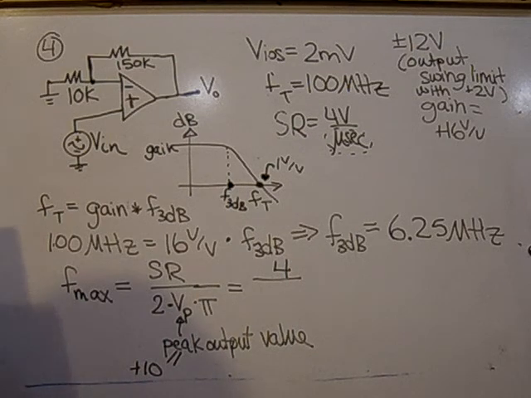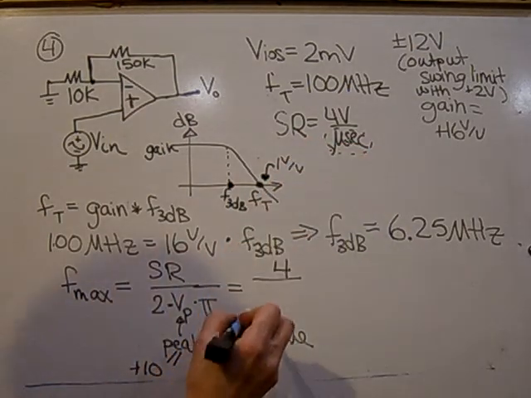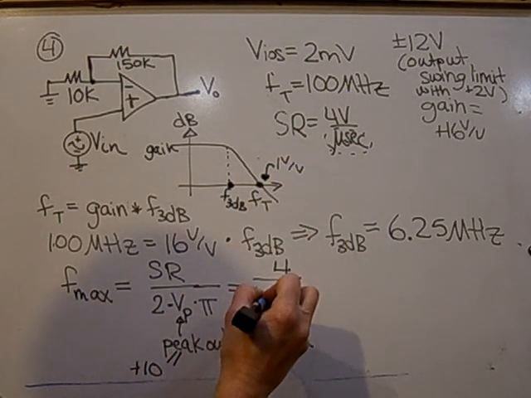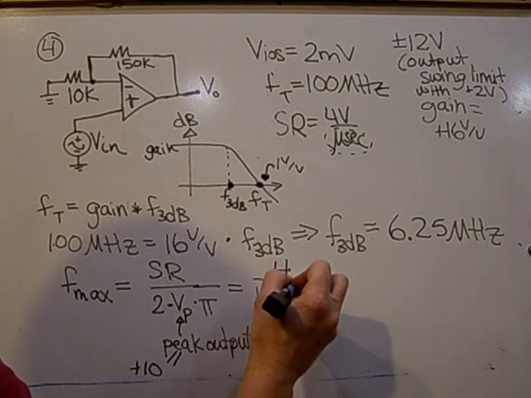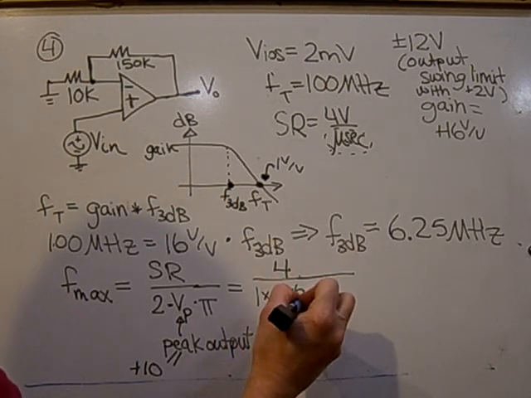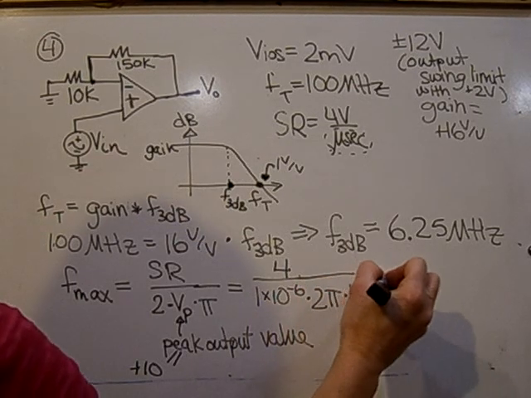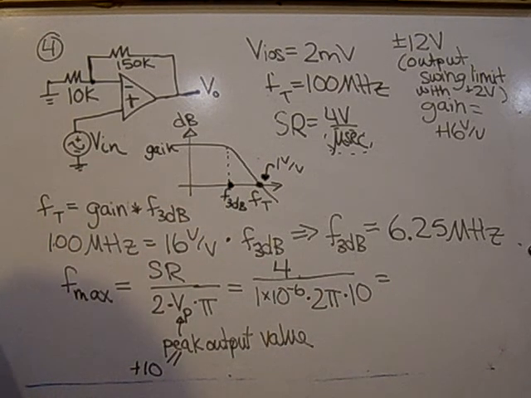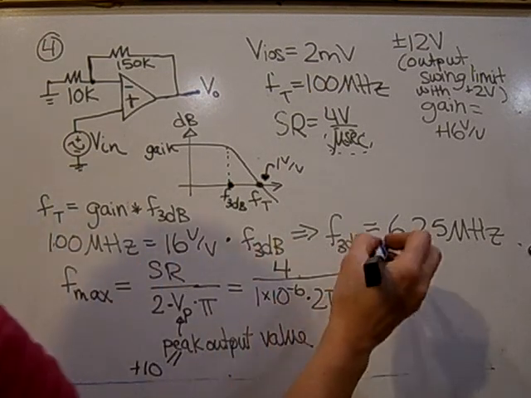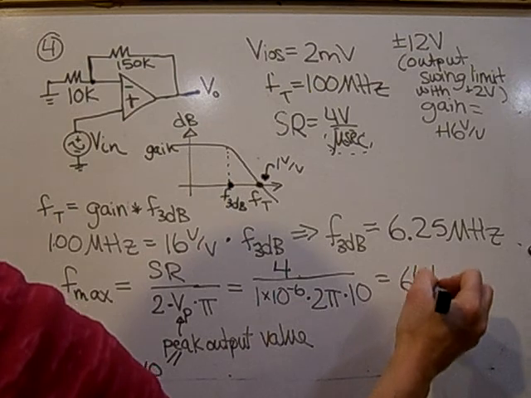This is the most common mistake I see, that the microseconds is forgotten here. So a 10 to the minus 6 for the microseconds, over 2 pi times 10. So the frequency limitation is going to be a maximum of 64 kilohertz.